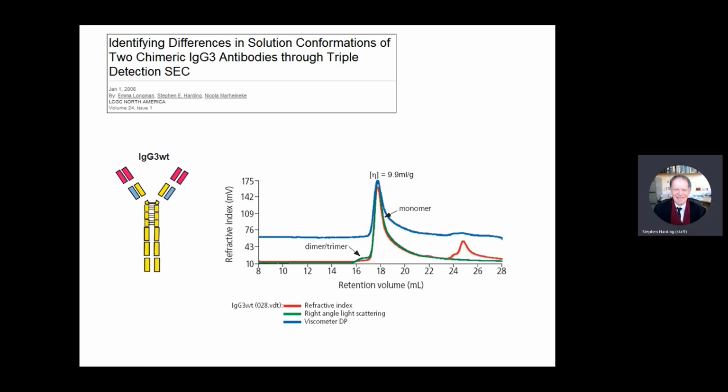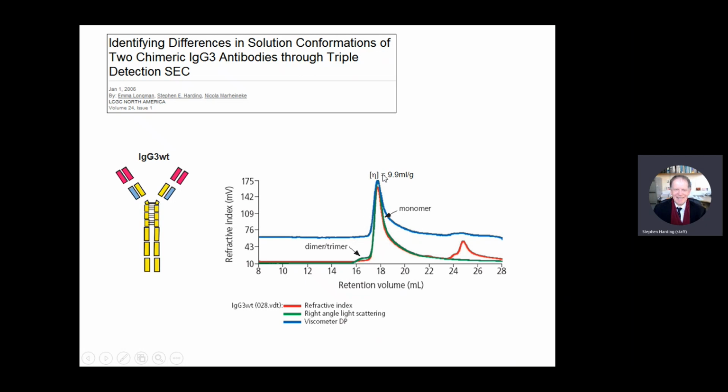characterization of the antibody. So this is an IgG3 type of antibody. We haven't done these yet, but we'll do these in the antibody module. And there's our monomer with an intrinsic viscosity of 9.9 mL per gram. And here's some dimer, trimer, a small amount here.